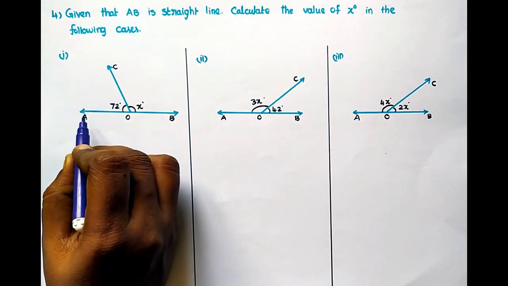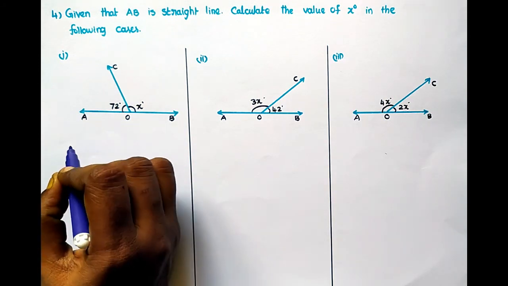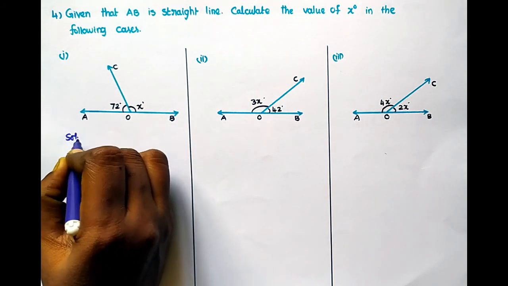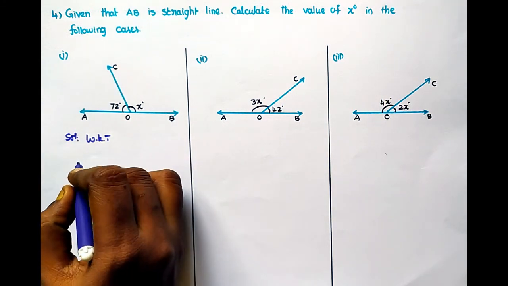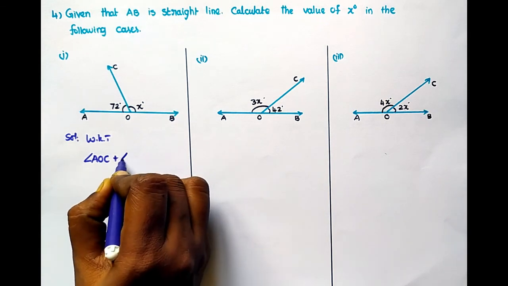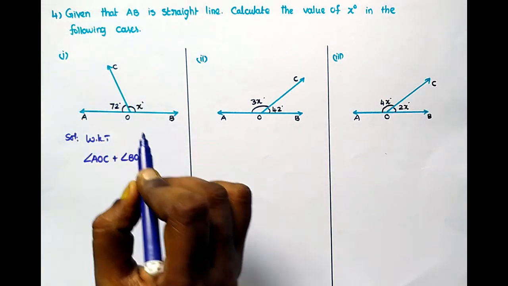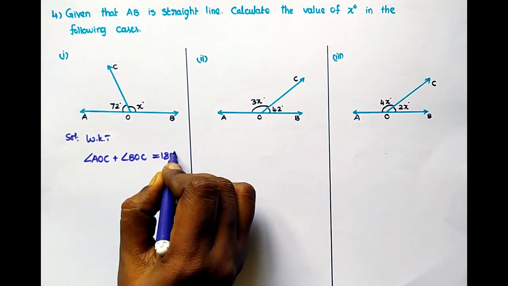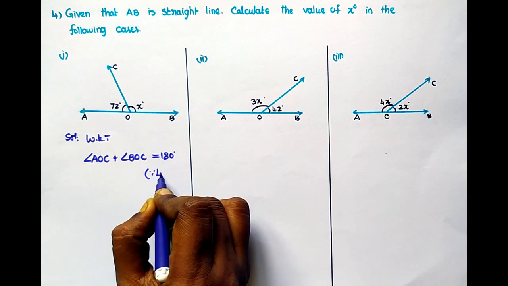Linear pair means the sum of these two angles is equal to 180 degrees. We know that angle AOC plus angle BOC is equal to 180 degrees because of the linear pair.